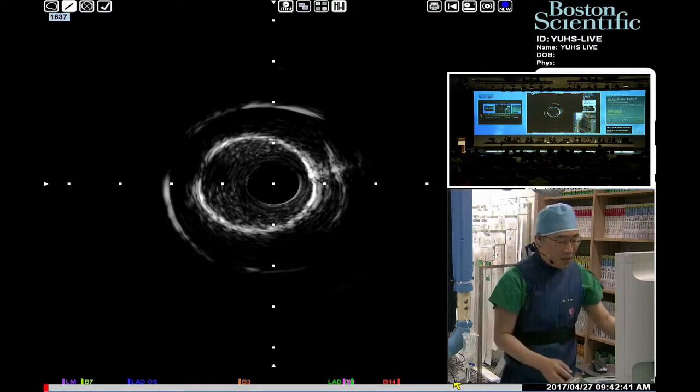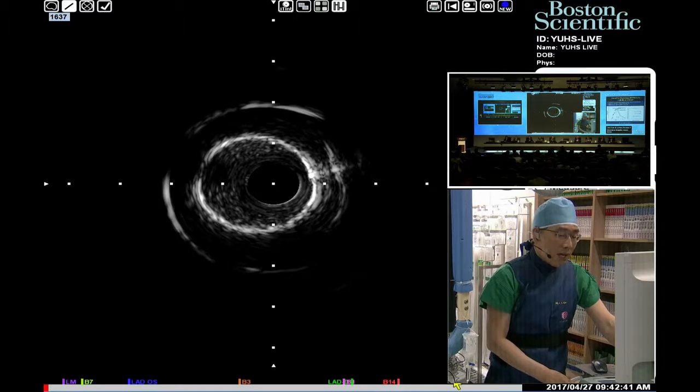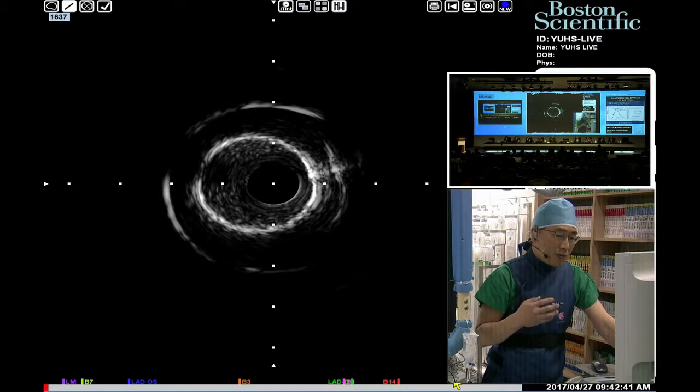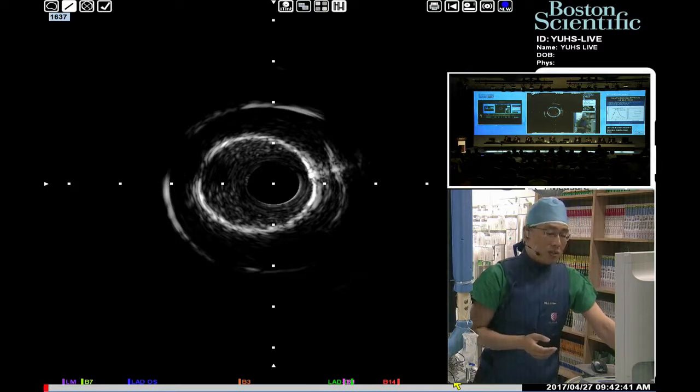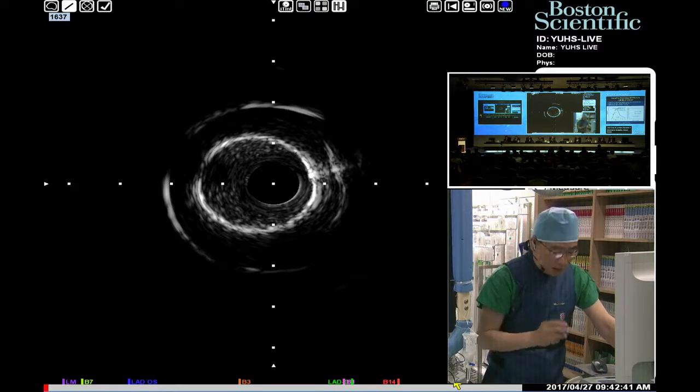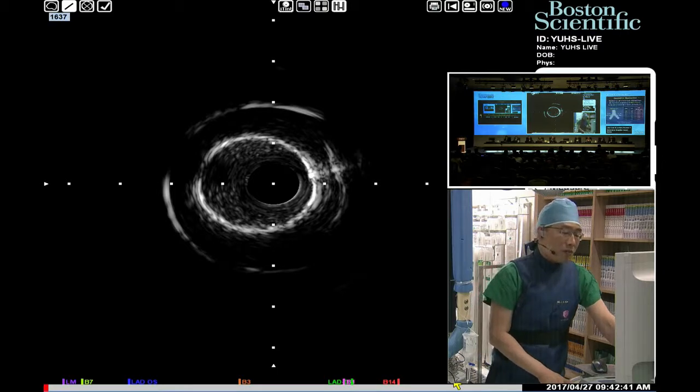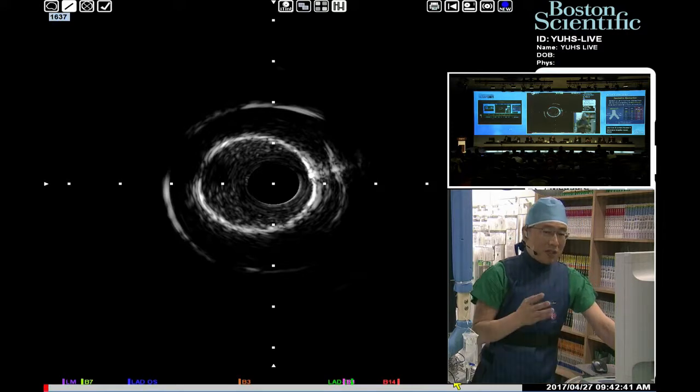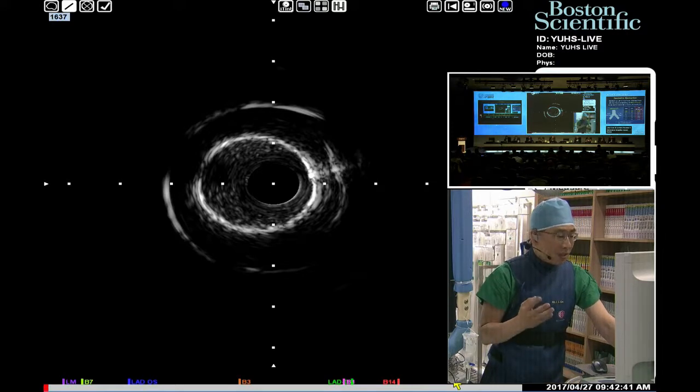In Korean data, we have a criterion of 4.8 square millimeter for predicting functional ischemia. However, Western data shows around 6.0 square millimeter. So in this patient, 3.4 square millimeter is quite significant to predict a functional problem in the future. So I think this patient has a definite indication for left main stenting.